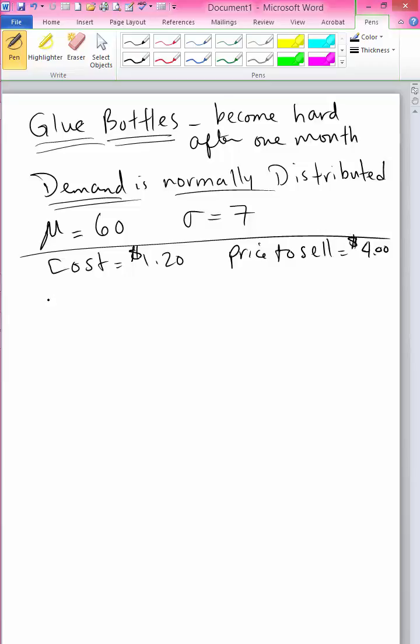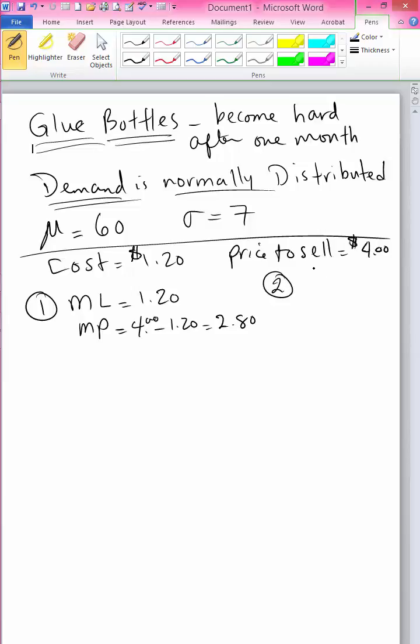So step one in our analysis, remember for marginal analysis, is to find the marginal loss, which in this case is $1.20 because there is no salvage, and marginal profit, which in this case is $4 minus $1.20, which is $2.80.